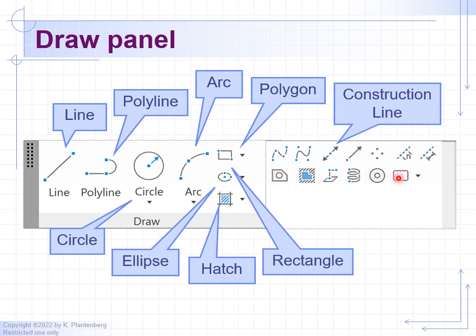So there's a whole series of other commands down here on the flyout, including this construction line here, known as the X line command. That's something you're going to use a lot during the construction of your model, particularly when you have multiple views. And a whole series of other ones in here that are used less often, things like points and donuts and whatnot. We're not going to exhaustively go through all these commands because you just don't use them for most of the drawings you need to do.